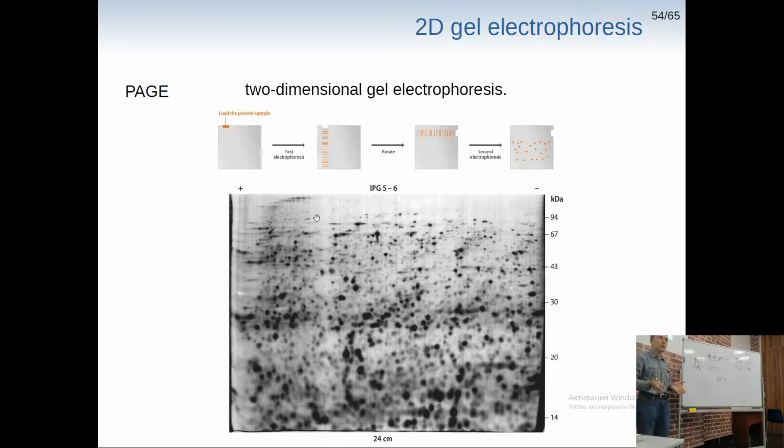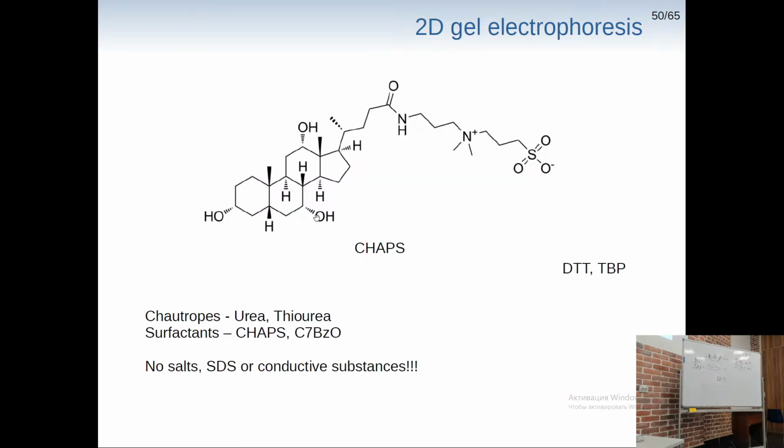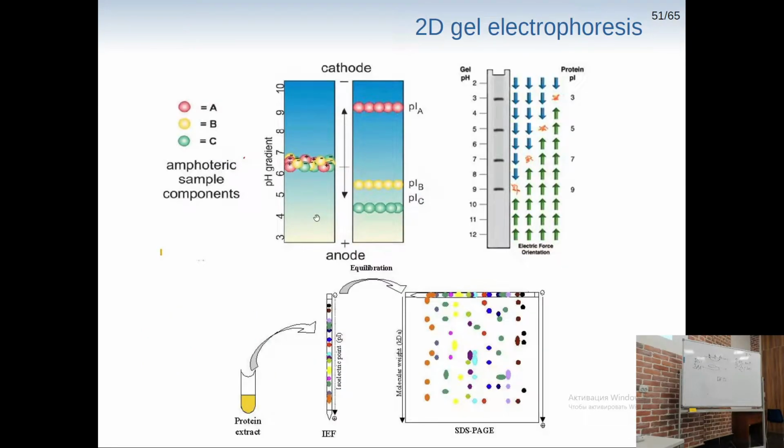So the first take-home message is why we need those 2D gels and how we can use them. The second take-home message is that there are some methodological problems which we have to be careful of: we have to somehow get rid of all salts, we have to use different solubilization agents like CHAPS or Triton X-100, and we also need to be careful at this stage.